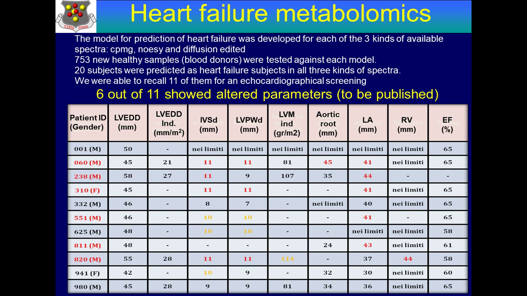And out of these 11 people, 6 had altered parameters that would indicate the beginning of heart failure. So we think, and this is not published because the numbers are too small, that there is indeed the possibility that fingerprinting could become a way to early diagnosis, or at least to address these people to more specific tests.